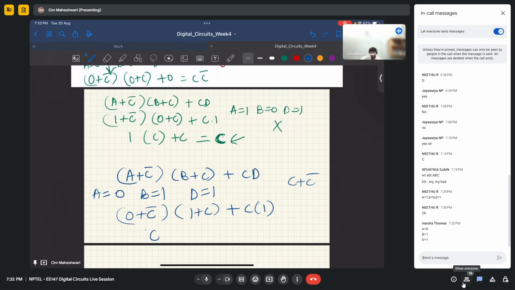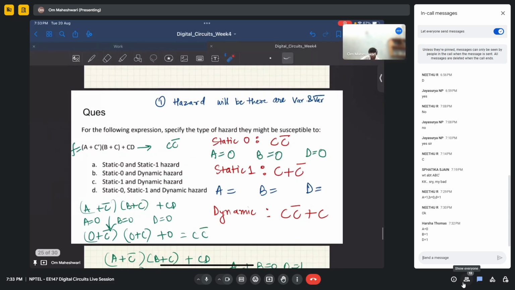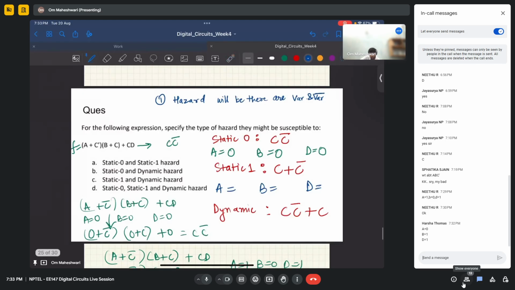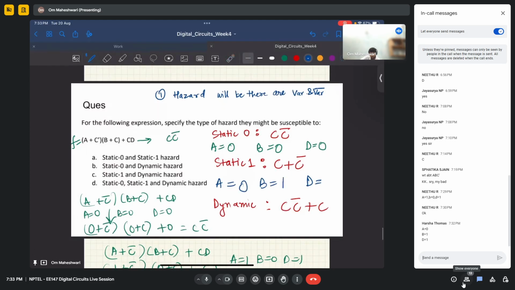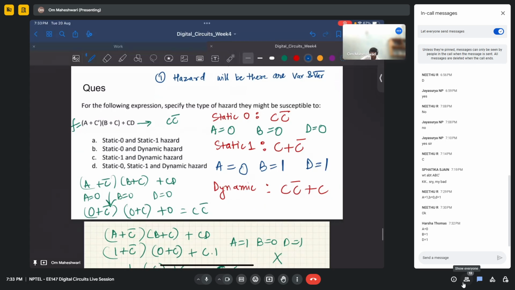So we have C bar dot 1 plus C, just C bar plus C. Right, option is correct. A0, B1, D1. So in this case, we are getting this C bar plus C. So we have A equals to 0, B equals to 1, and D equals to 1. Right? So we have static 0, static 1 hazard, both are here.